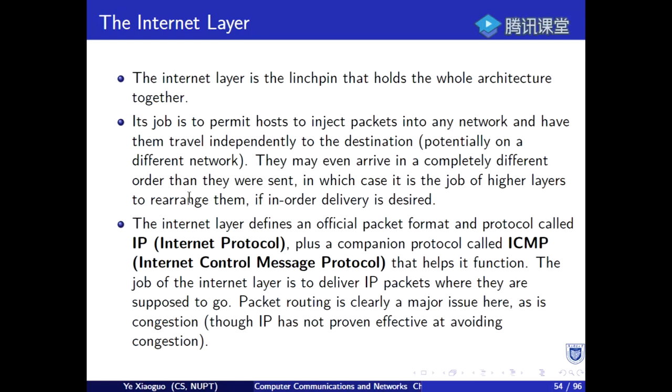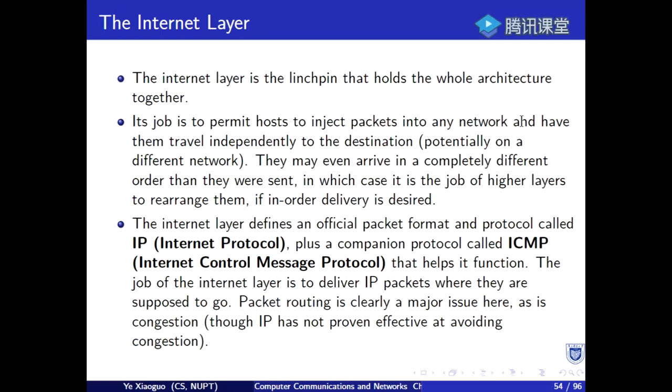The internet layer's job is to permit hosts to inject packets into any network and have them travel independently to the destination, potentially on a different network. Because in the internet, networks may be heterogeneous. They are based on different techniques, right?